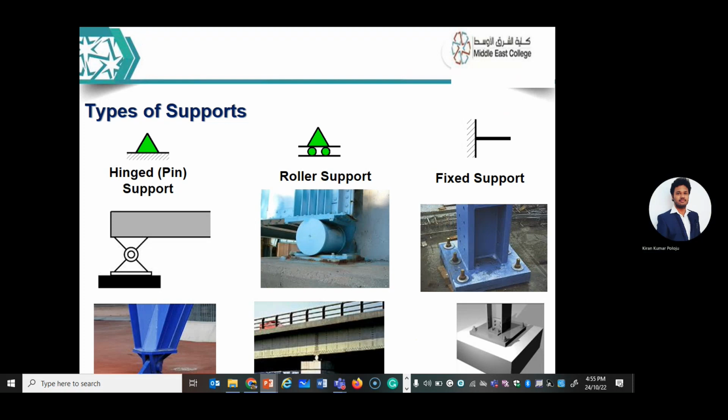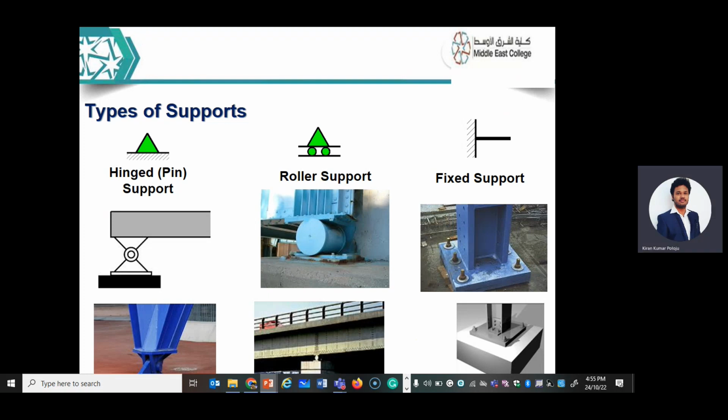Now we are going to solve a few example problems of centroid for different materials or shapes. Before that, we'll see the different types of supports, beams, and loads acting on a beam.